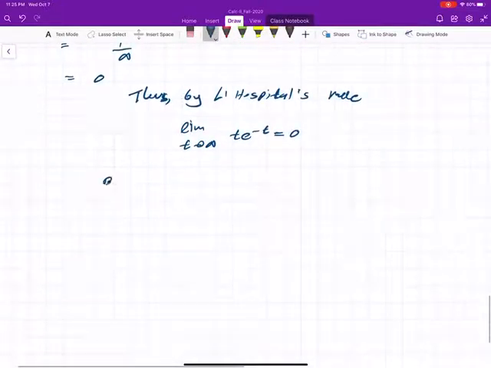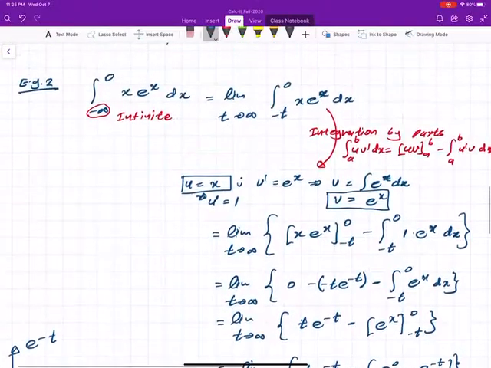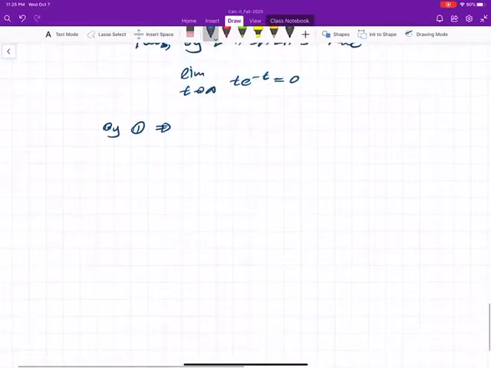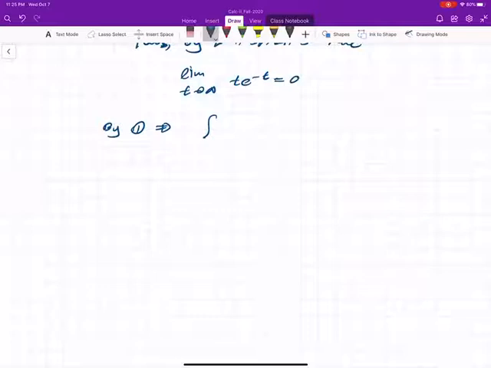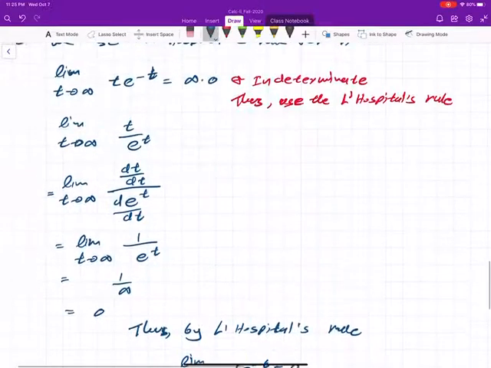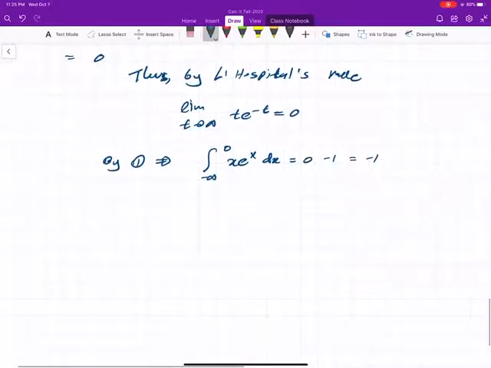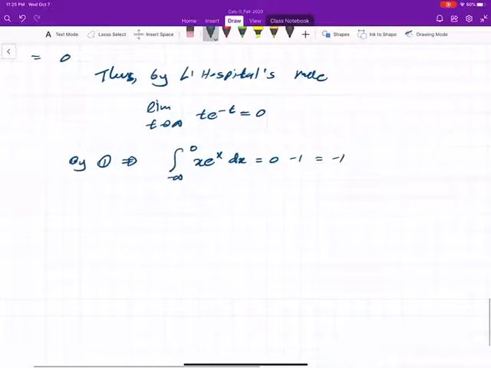By 1, the given integral, of x times e to the power x, is 0 minus 1, which equals minus 1. That is the answer, which is finite. That means it exists.